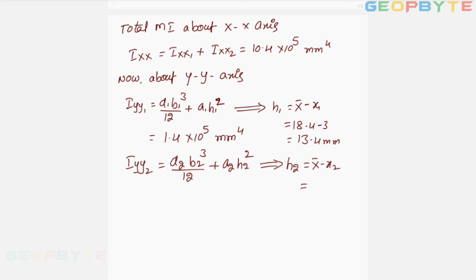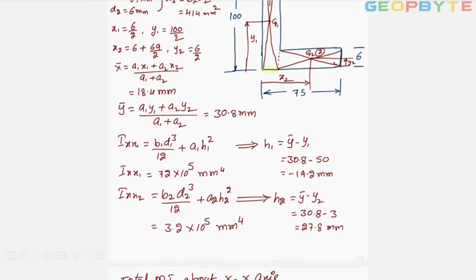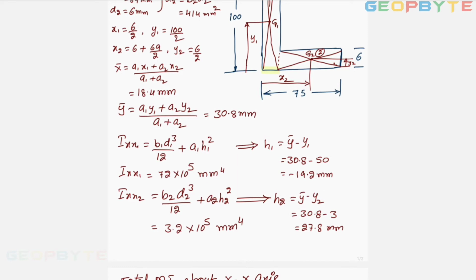X bar is 18.4 minus x2. Let me take the x2 value. The x2 is 69 by 2 plus 6, 40.5. So this is the x2 equal to 40.5.